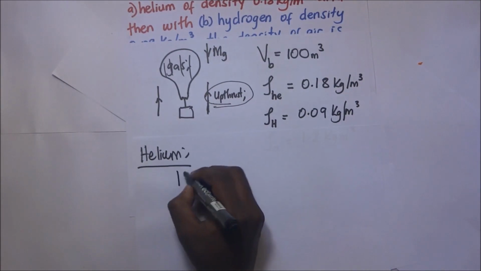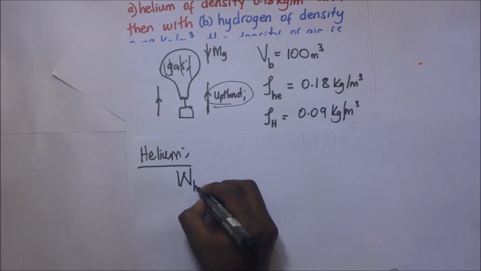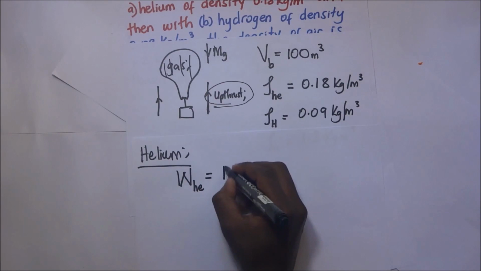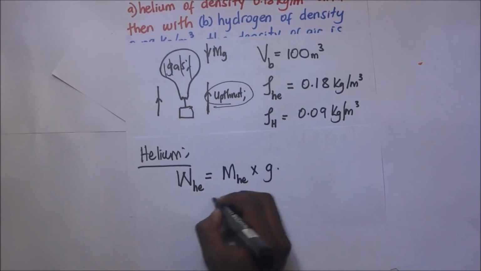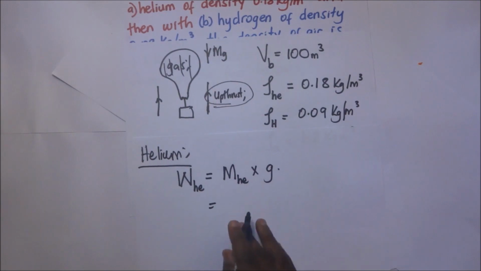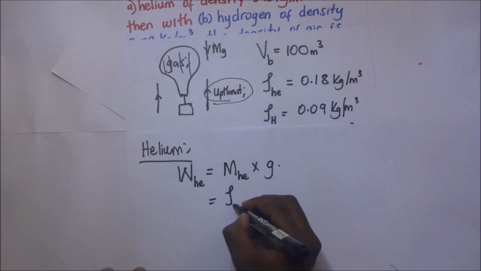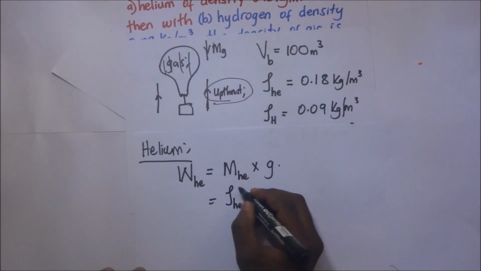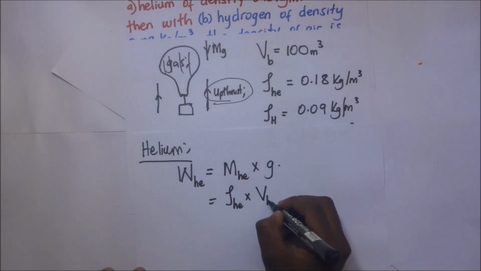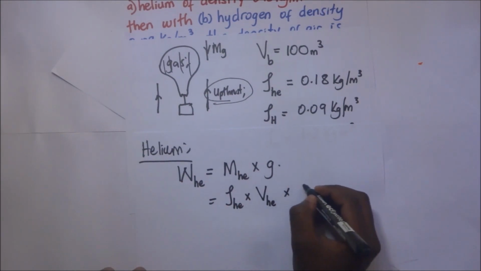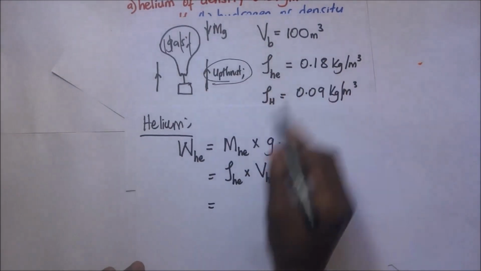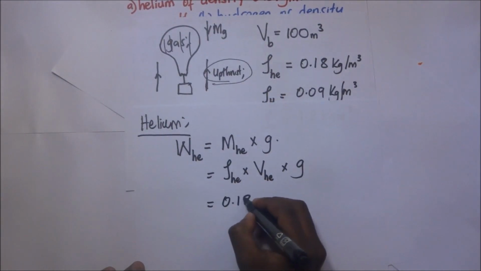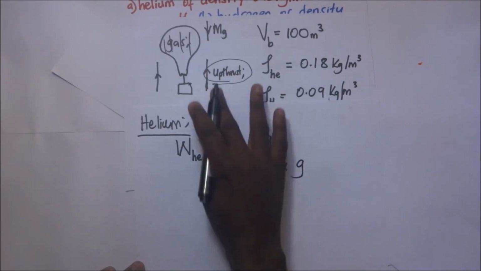So we know that the weight of helium is going to be equal to the mass of helium, multiplied by gravity. Now the mass of helium is given by the density of helium, multiplied by the volume occupied by helium, multiplied by gravity. In this case, the density of helium, according to our question, is 0.18, so it's going to be 0.18. Multiply that by the volume of helium.